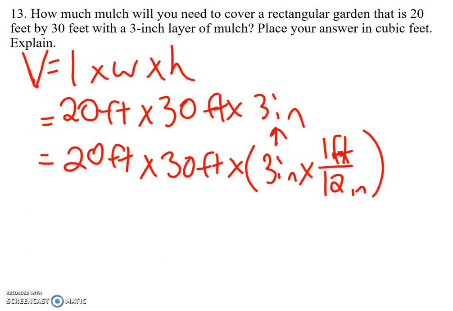So in essence, I'm really doing 1/4 times 600, and because I can see the inches cancel, if I do 600 divided by 4, I get that this should be 150, and then feet times feet times feet would give me cubic feet of mulch.